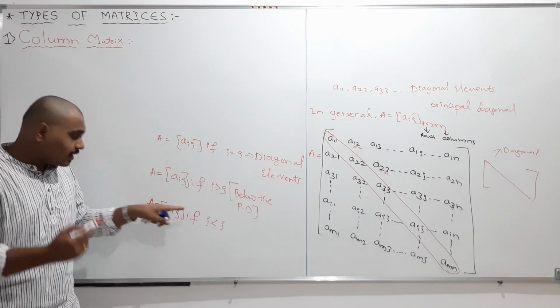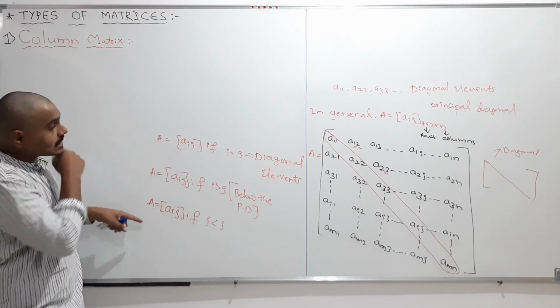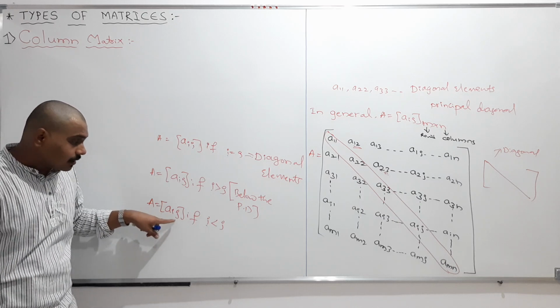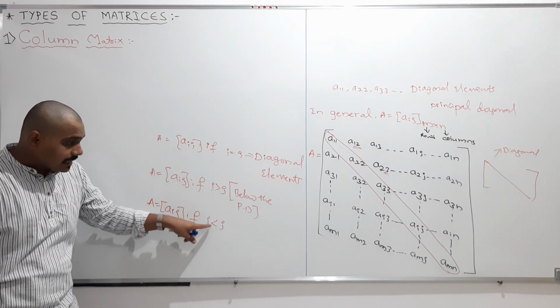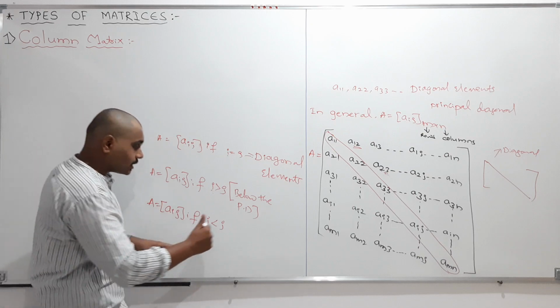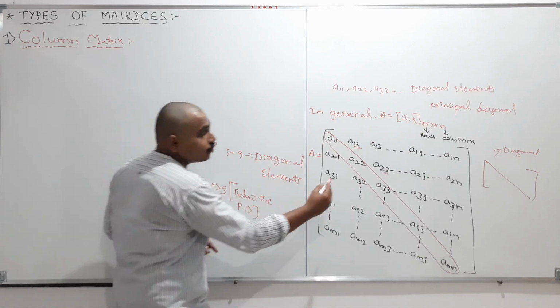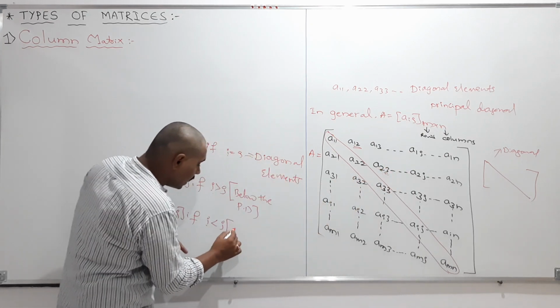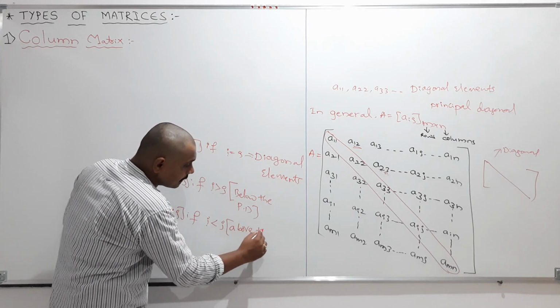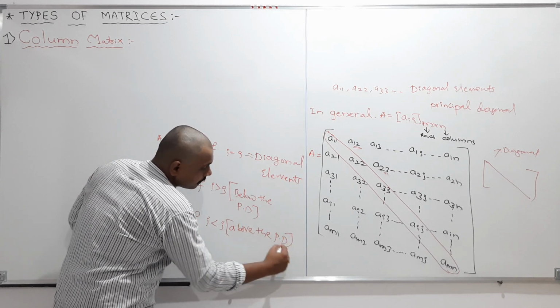Further, if I write a equals a_ij if i is less than j, you should understand that these are the elements which lie above the principal diagonal.